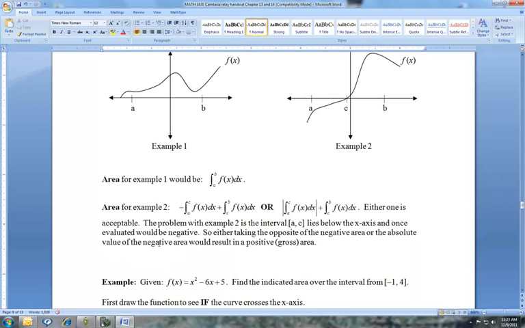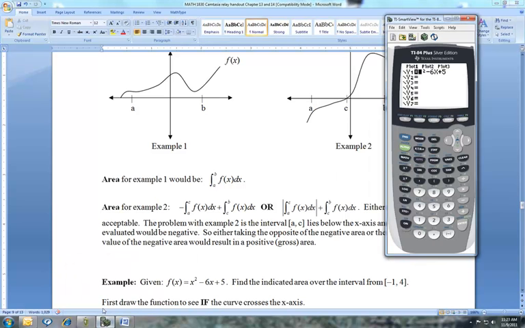So I've got an example. First thing I need you to do is graph this function. Now we're looking at it from -1 to 4. So let me get my calculator. I've got x squared minus 6x plus 5. Let me graph. Now I particularly want to look at from -1 to 4, so I'm going to change my window. I'm going to put -2 to 5, just one on either side.